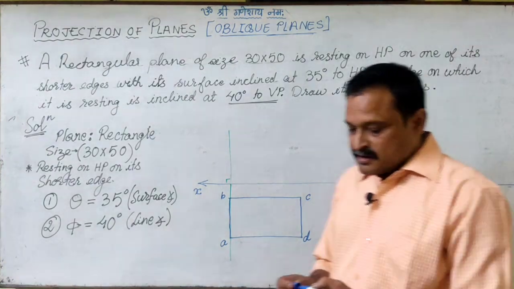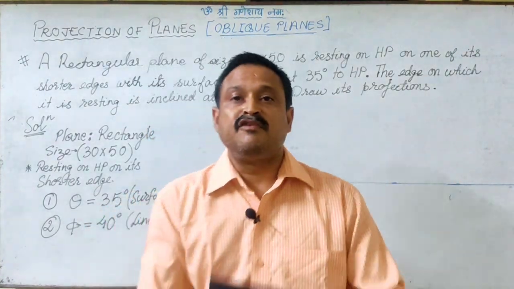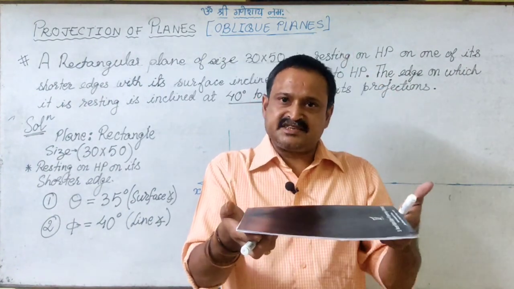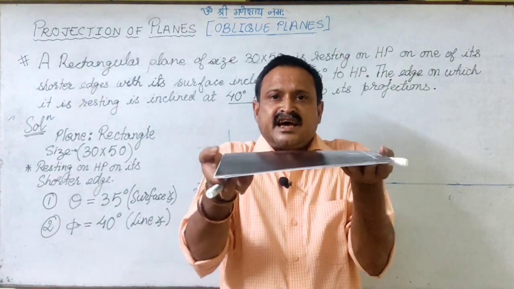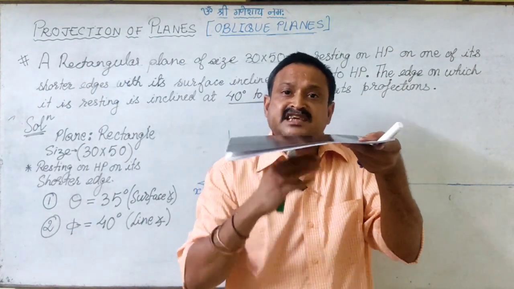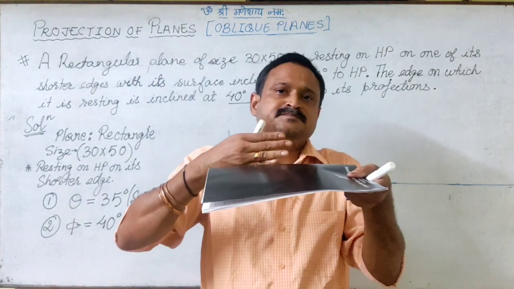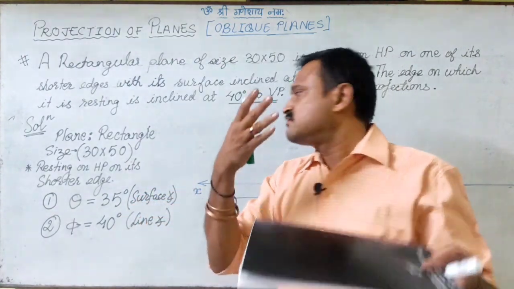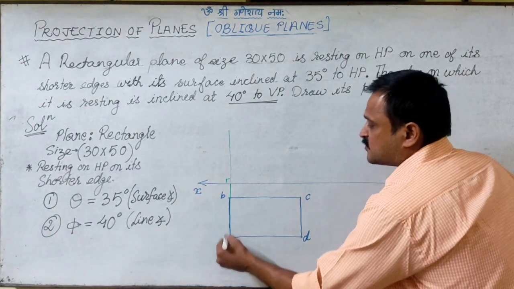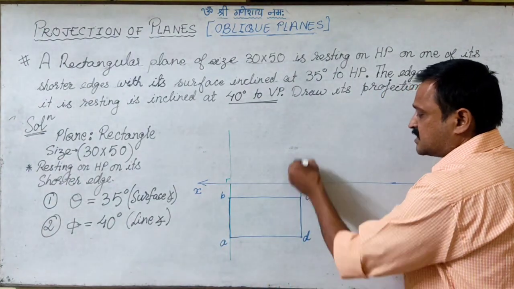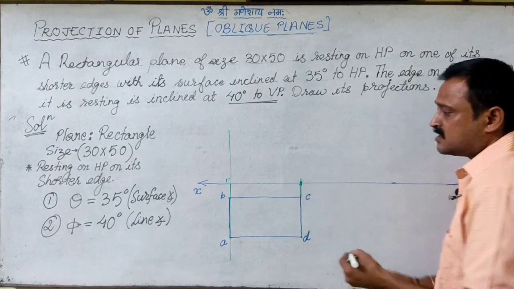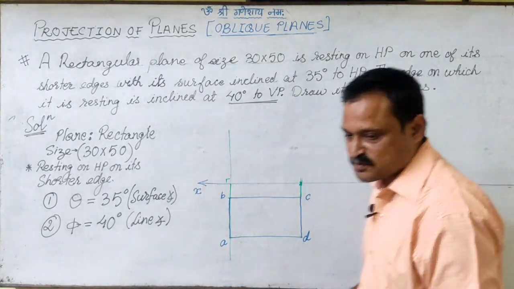Now we have been told that one of the edges is on HP, so we put all the edges on HP. When the entire plane is on HP, the front view will be the trace which will be visible on the XY line. When we draw the projectors for all the corners A, B, C and D, they will be marked on the XY line.